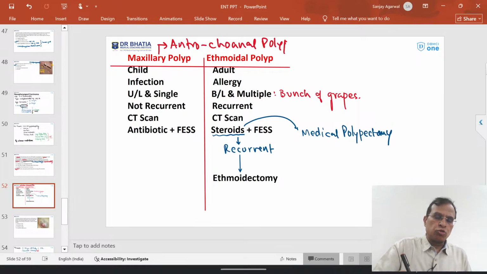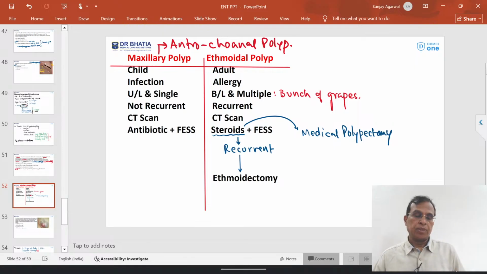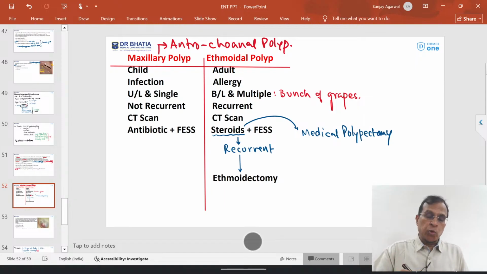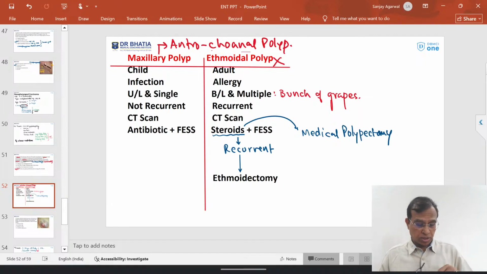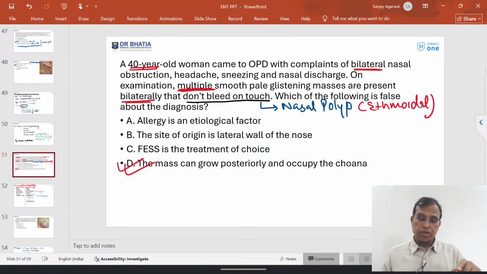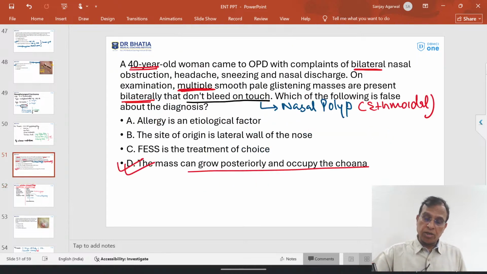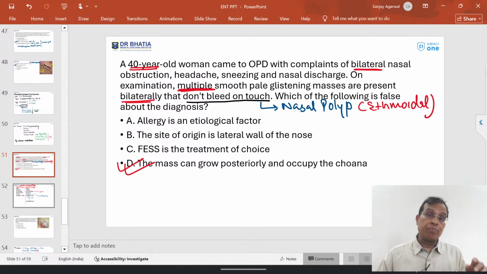Maxillary polyp को antrochoanal polyp बोलते हैं because maxillary polyp choana में ग्रो होता है, choana में पीछे. Not ethmoidal polyp. Ethmoidal polyp choana में नहीं जाता. So this is an ethmoidal polyp. So it cannot go posteriorly occupying the choana. That is true for maxillary polyp. Okay. That's why D is the correct answer.